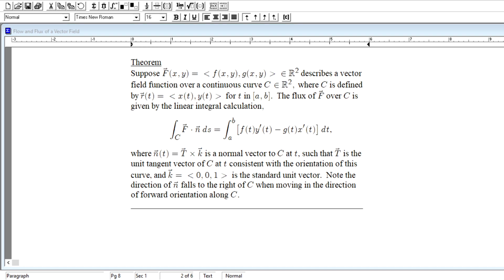I had to get in there a little bit on the understanding of what direction this is actually going to describe.